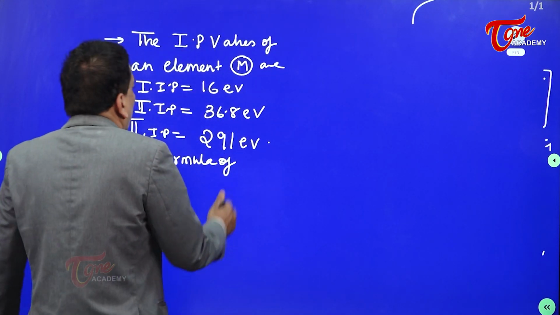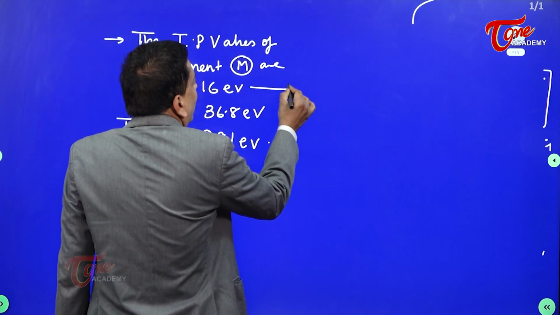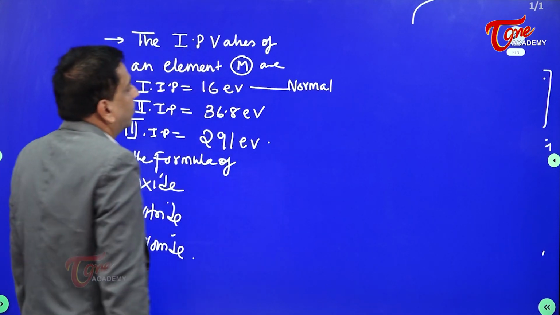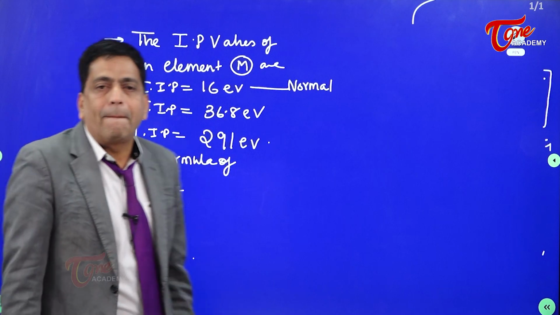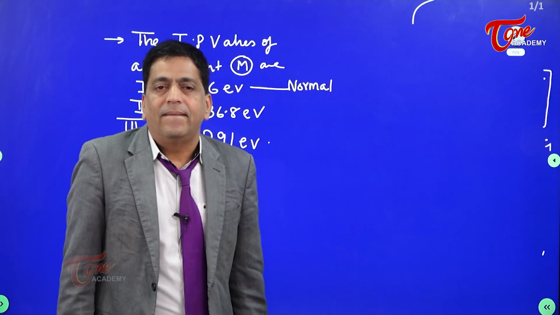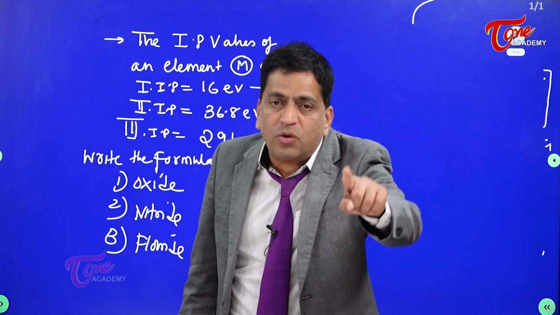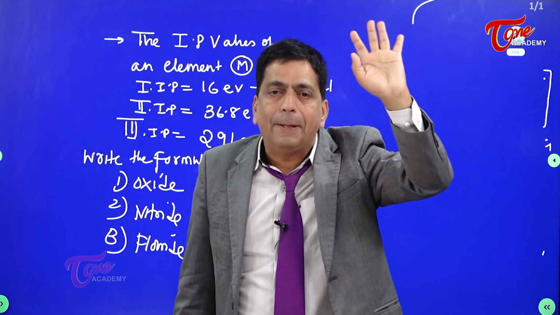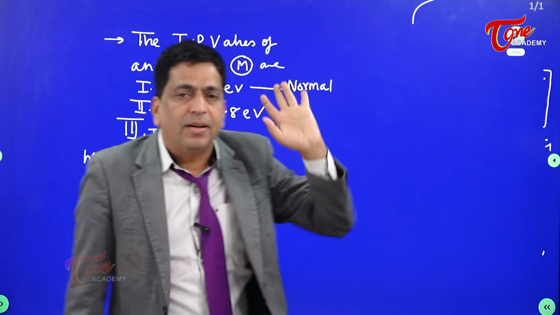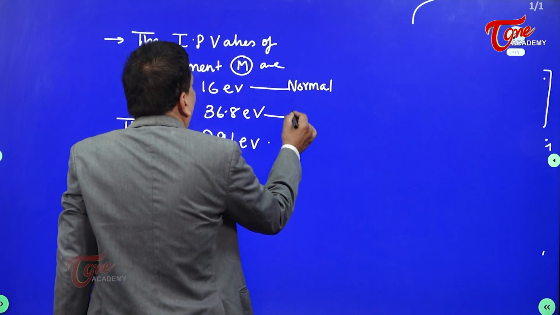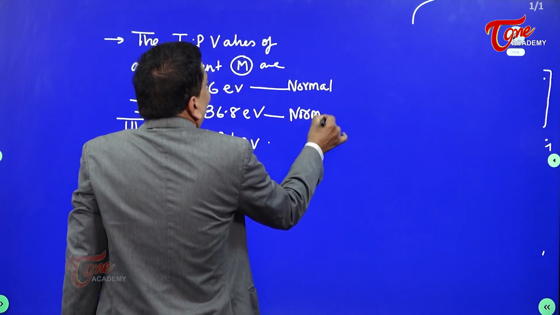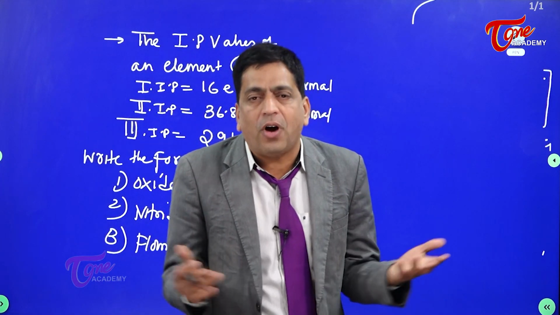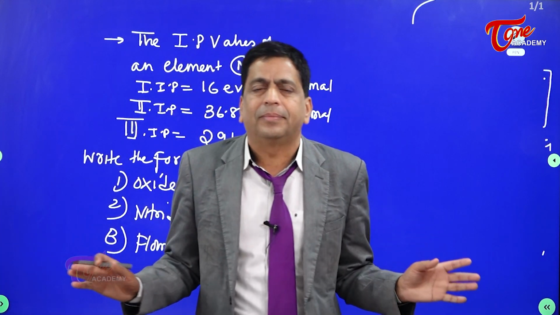The first value, 16 electron volts, seems absolutely normal. The energy required to remove the first electron from the outermost shell is 16. Second, 36.8, fine, normal.